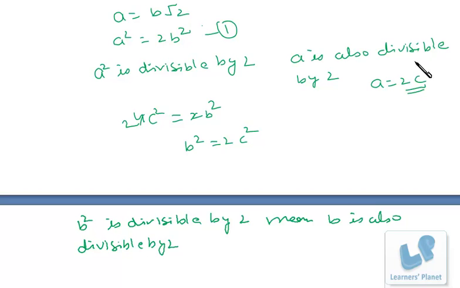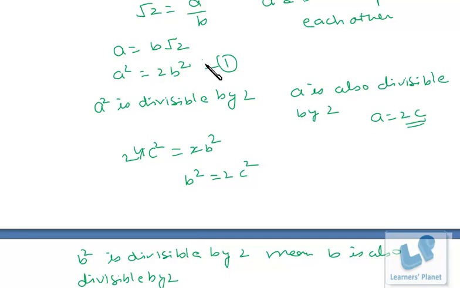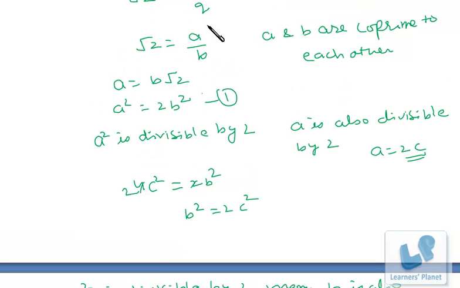Now here we see a is divisible by 2, and here b is also divisible by 2, and we assumed that a and b are co-prime to each other. So if a and b are both divisible by 2, then a and b are not co-prime to each other.